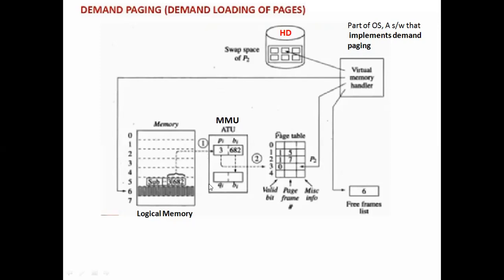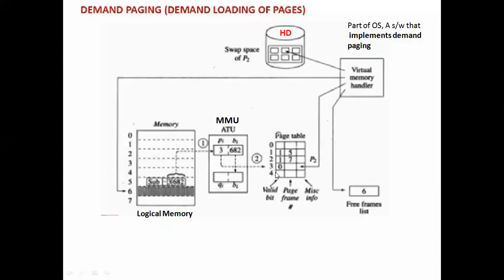Why? Because this particular block will be doing the conversion of the logical address to the physical address, and we have one assisting data structure that we call the page table. This will give the information regarding the valid bit. If the page is present, that particular bit is shown as 1.